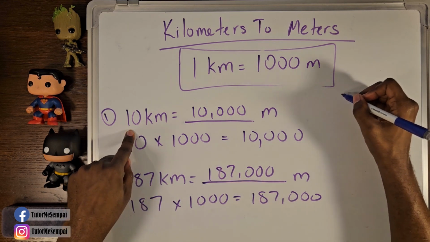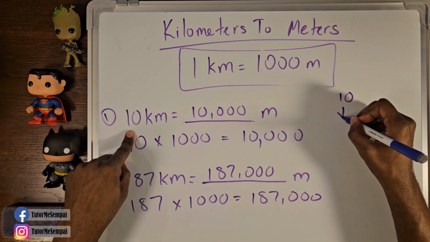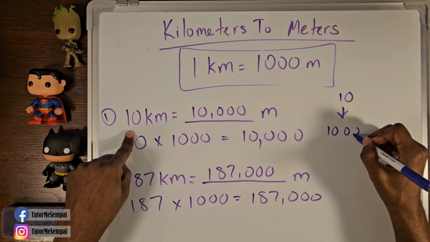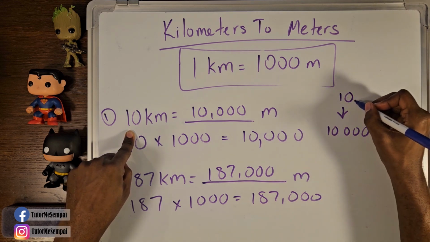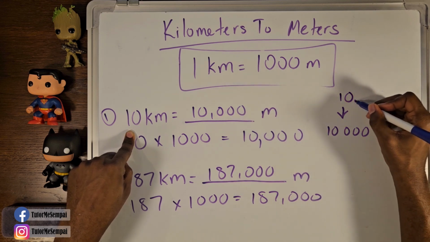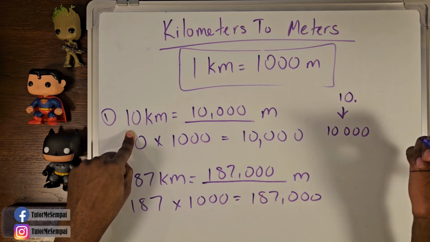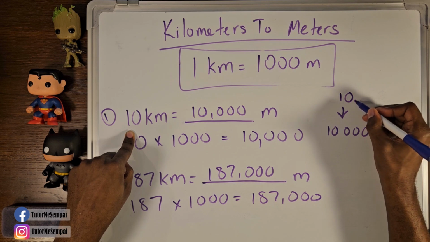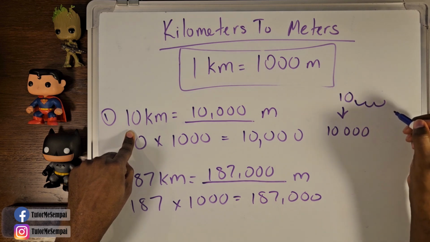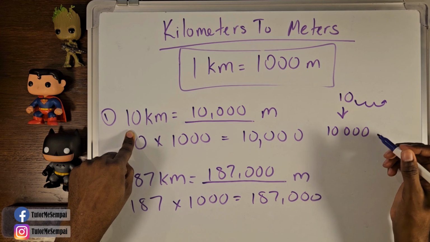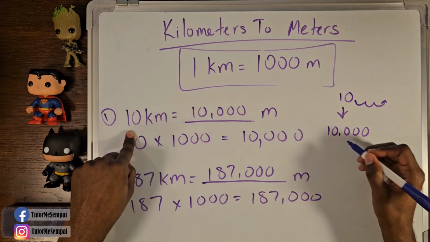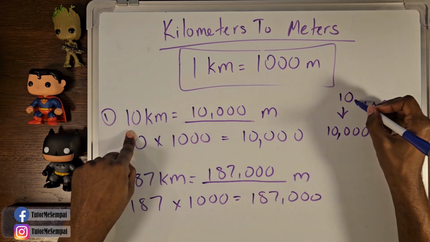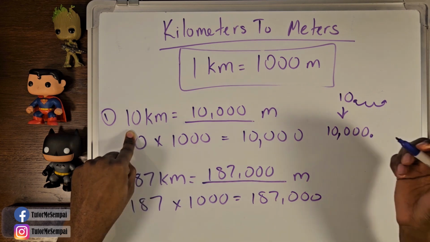And just like we talked about in our previous section, there is a shortcut here. Notice we're starting with, in this case, 10, and we're ending up with 10,000. Well, assuming your decimal is here, we're moving it how many places and where? We're moving it to the right 3 places, right? Move it to the right 3 places, and we're ending up with 10,000. If you don't have your decimal, you can always put it there.